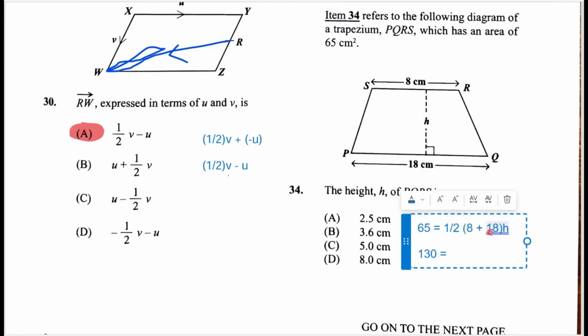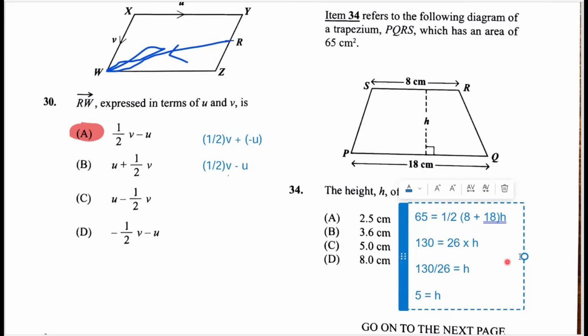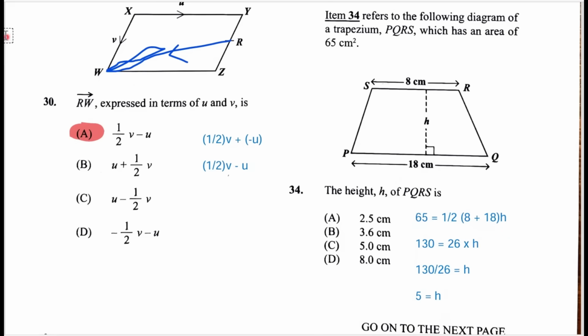Equal to what? 8 plus 18, sorry, is 26. 26 by H. So we all know H would be 130 divided by 26. And what will that be? So obviously it will be 5. 5 is equal to H, okay? So easy stuff there. So that's C.